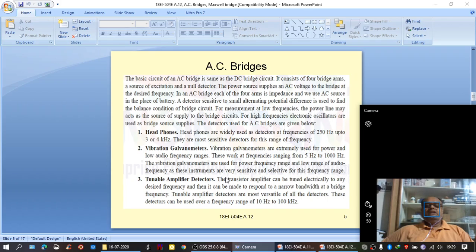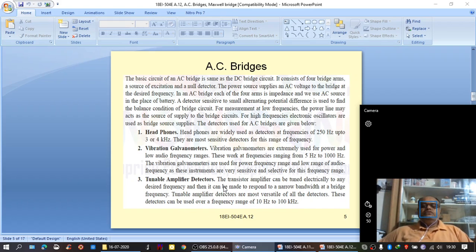The vibration galvanometers are used for the power frequency range and the low frequency range of audible frequency. The power frequency range is 50 Hz and the low audio frequency range is 20 Hz to 200 kHz, as these instruments are very sensitive and selective for this frequency range.